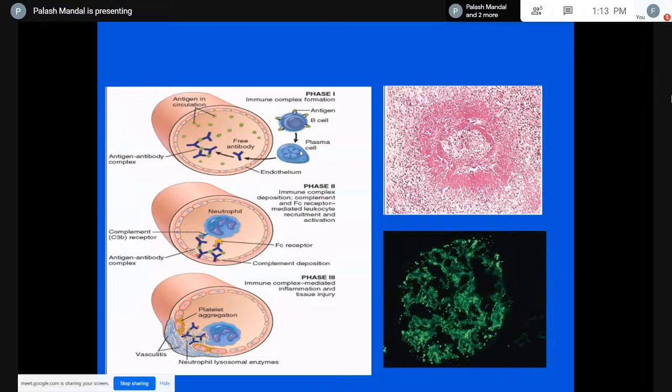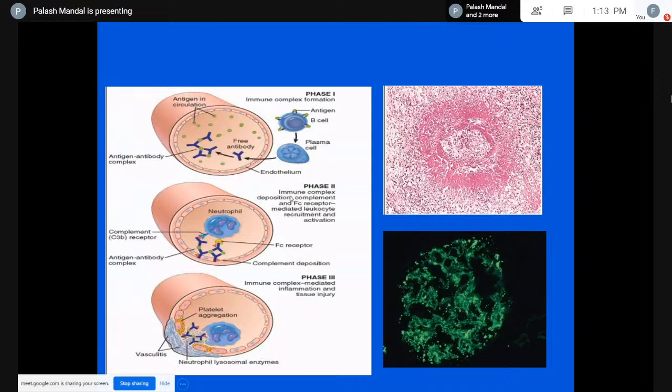Okay, so once the B lymphocyte gets transformed into a plasma cell through specific signaling and class switch, it starts producing specific antibodies which are directed towards that antigen, leading to the formation of the antigen antibody complex, also known as the immune complex. So first was the coming of this antigen, and second was the formation of the immune complex.